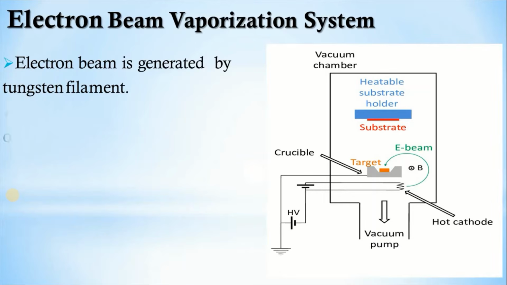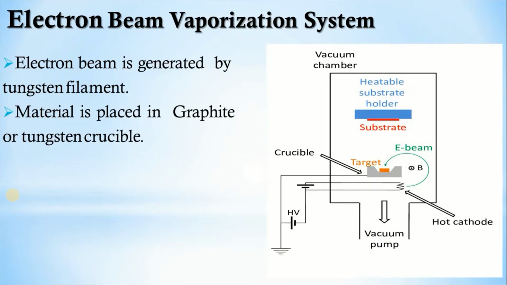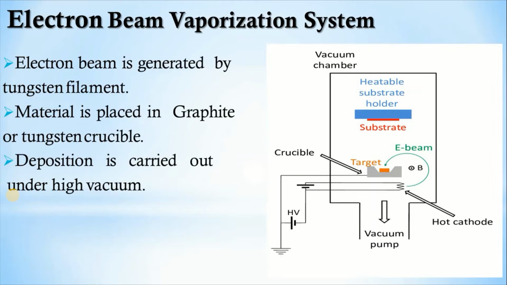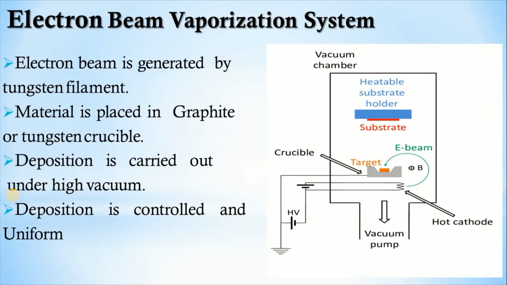The material is placed in a graphite or tungsten crucible and deposition is carried out under high vacuum. Here the deposition is carried out at a higher vacuum. Deposition is controlled and uniform.